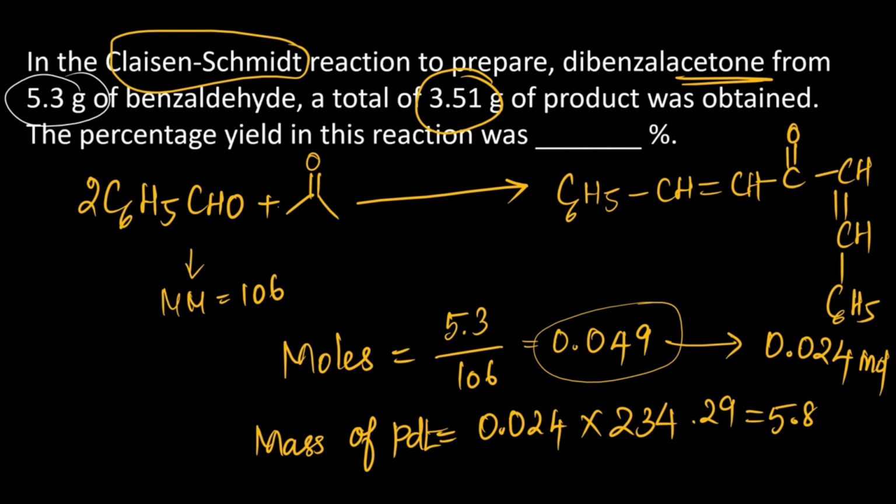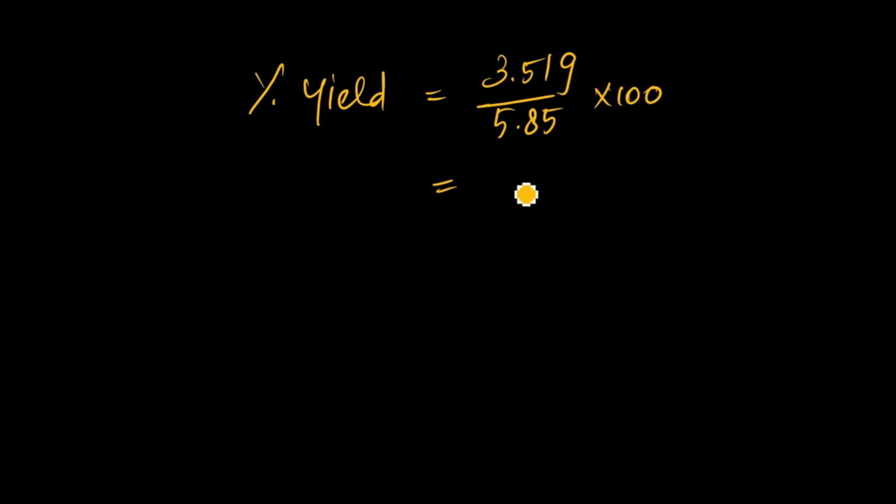So 5.8 is my theoretical yield. So what is the percentage yield now? Actual yield is 3.51 given in the question, and 5.85 is supposed to form. So the yield is 60%.